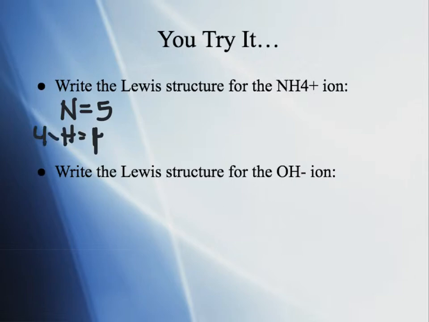But we have 4 of these, so typically 5 plus 4 would be 9. However, this is a positive charge, so we are going to subtract 1 electron because it's a positive charge. So that means this structure is going to have only 8 valence electrons.